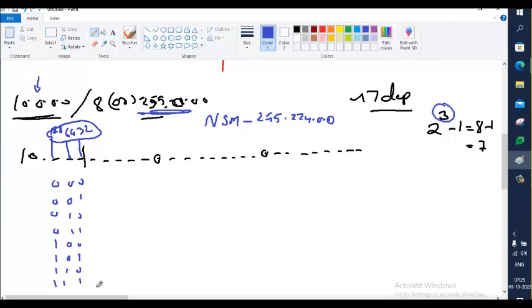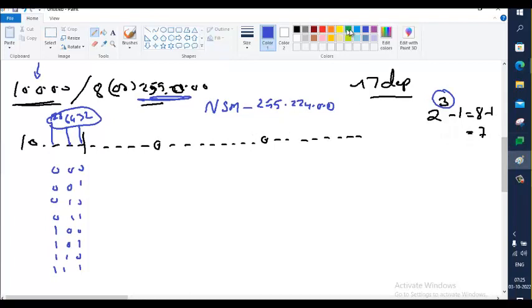These are the possibilities. As I said earlier, we will not be using all ones. And if you count, you will get 7: 1, 2, 3, 4, 5, 6, 7. For 7 departments, you got 7 different possibilities.